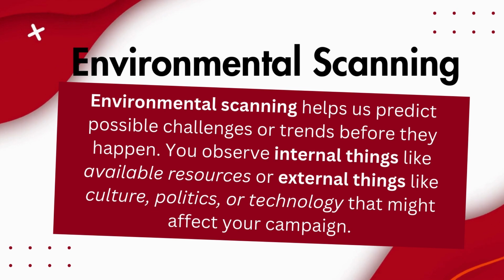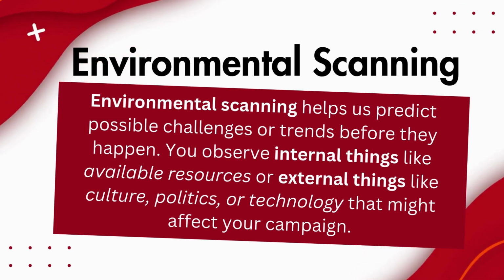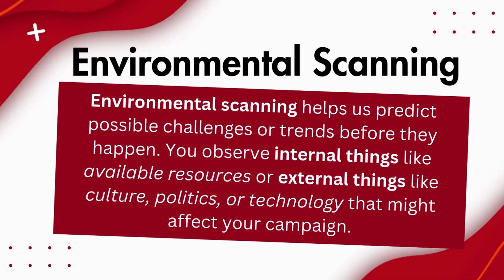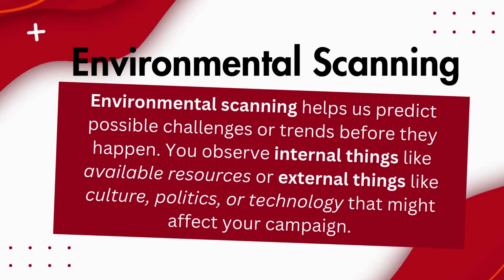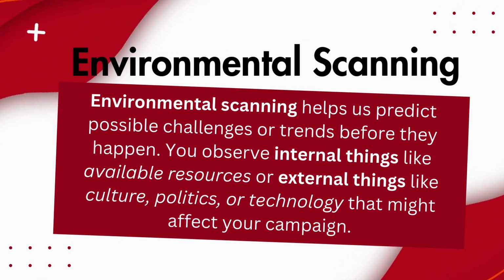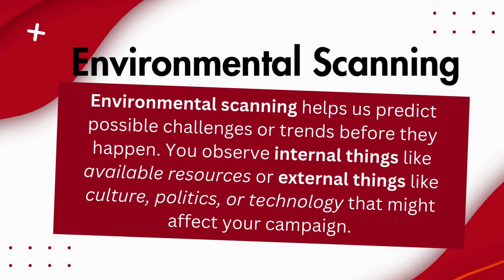Environmental scanning helps us predict possible challenges or trends before they happen. You observe internal things like available resources, or external things like culture, politics, or technology that might affect your campaign.